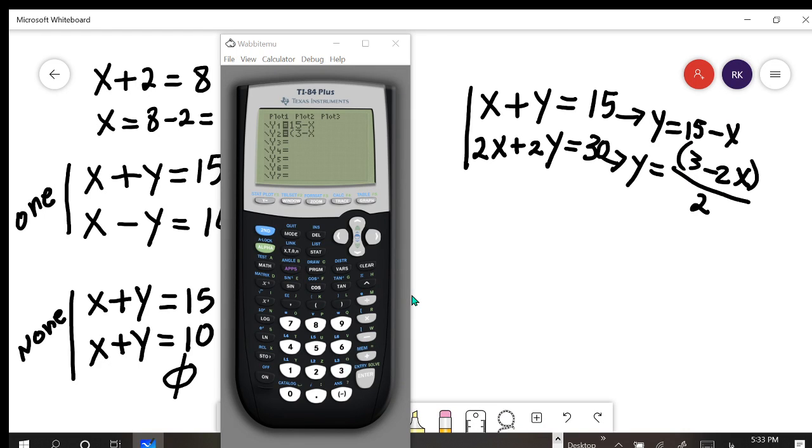minus 2x divided by 2. All right, so let's graph this. So here's one line. Where is the other one? Well, the other one is the same one.